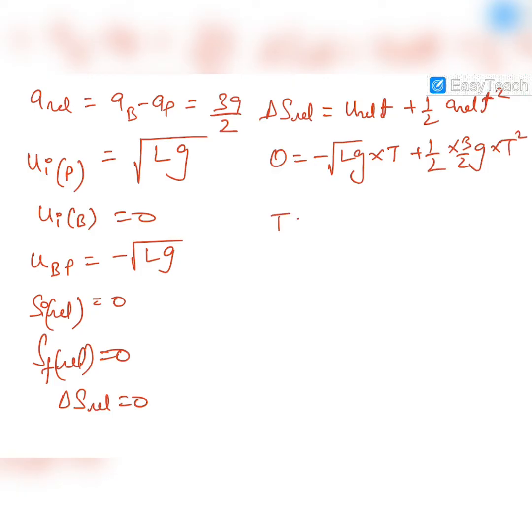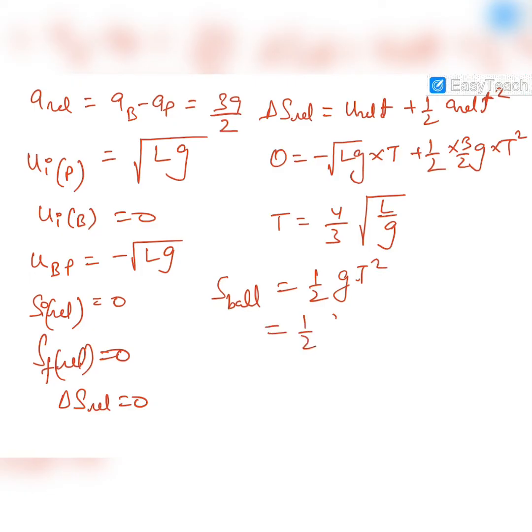So T will be equal to 4/3 under root of L by g. So this is the time when this ball will overtake the pulse, and in this time the displacement of the ball, S ball, will be half g t square.